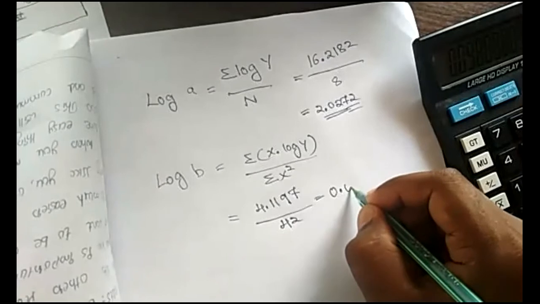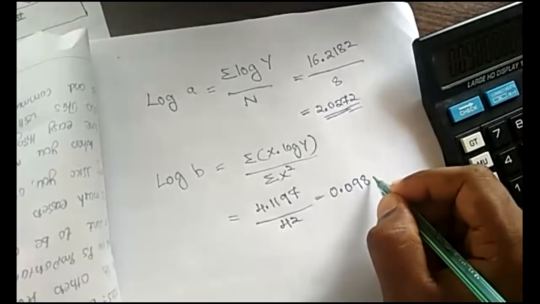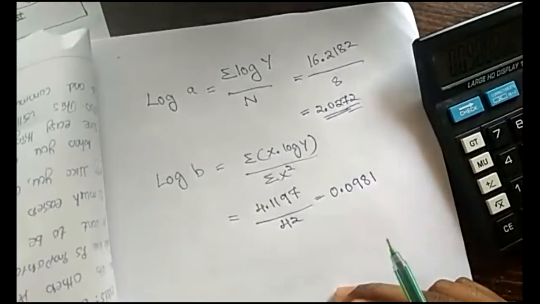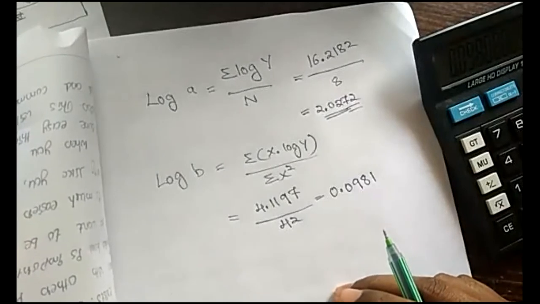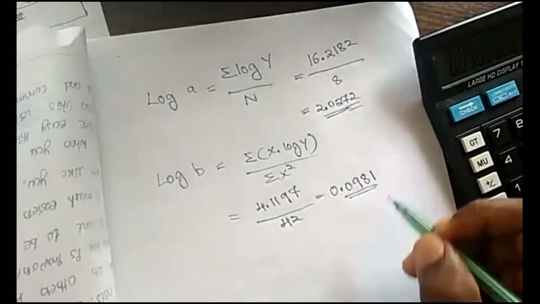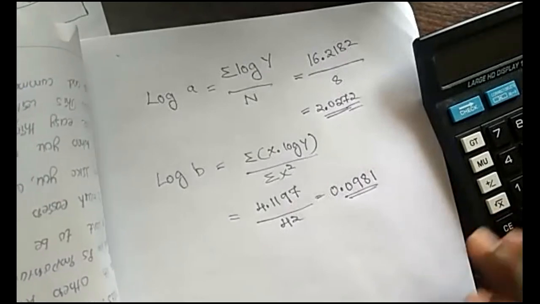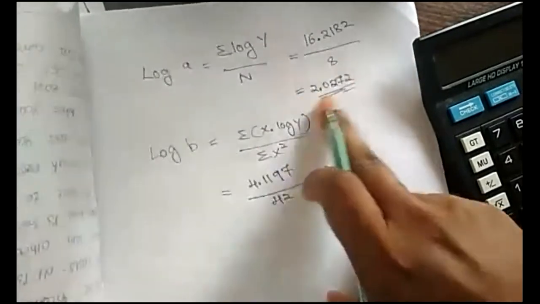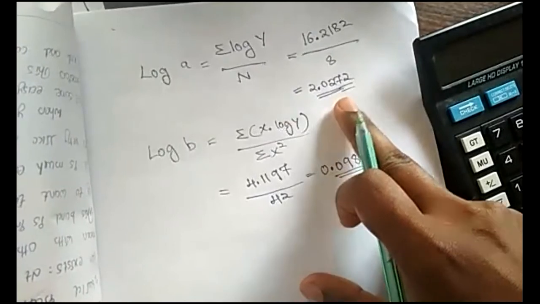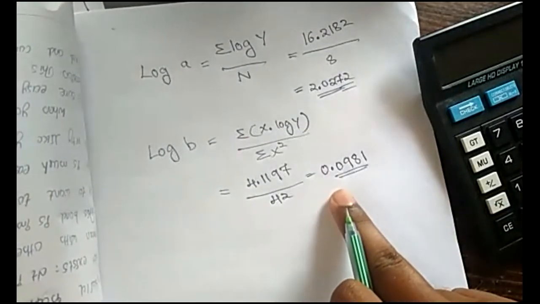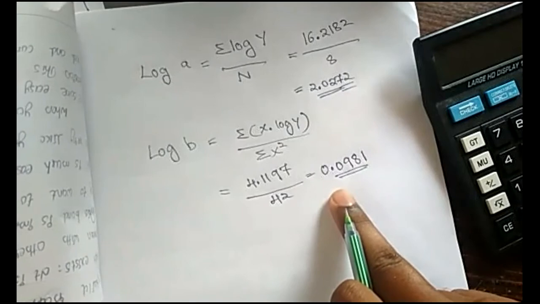Answer 0.0981. So log A value is 2.0272 and log B is equal to 0.0981.